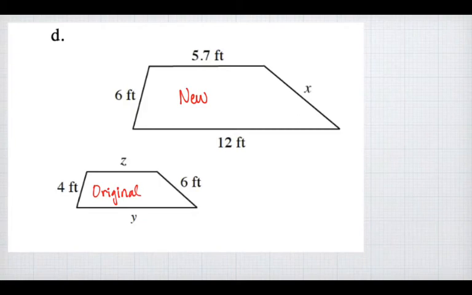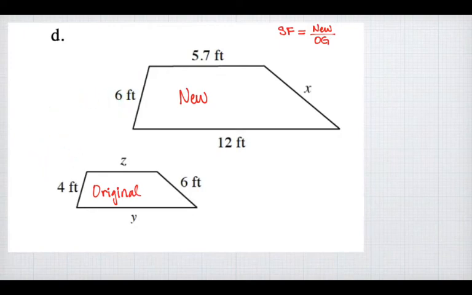So, speaking of the scale factor, let's get that scale factor right now. Scale factor still follows the same formula: new over original. And again, we're going to use these two sides because they correspond to each other and they actually have numbers, right? So this time it's going to be 6 over 4.